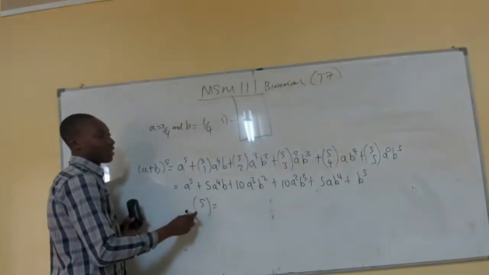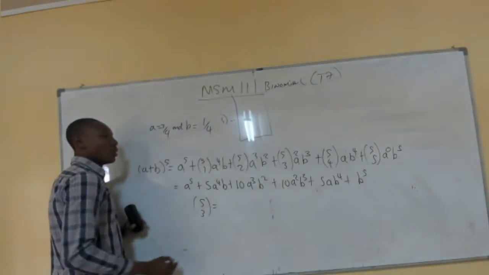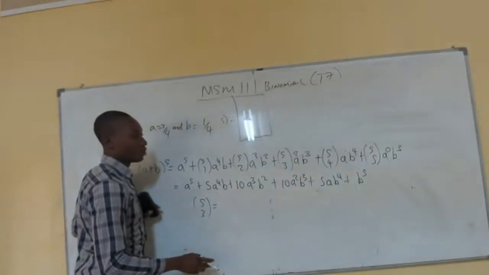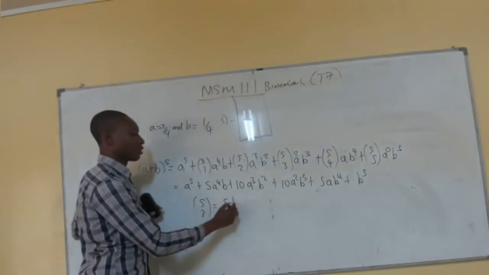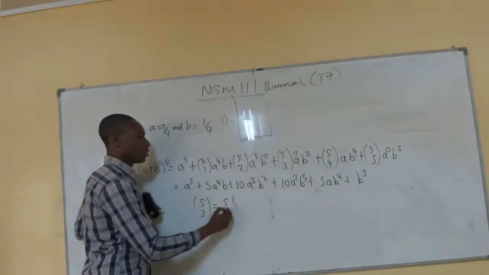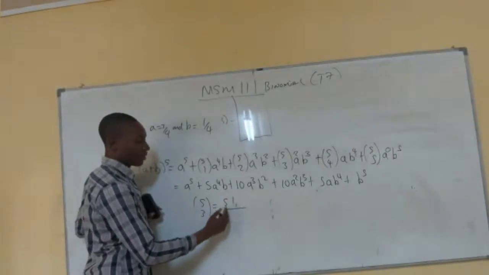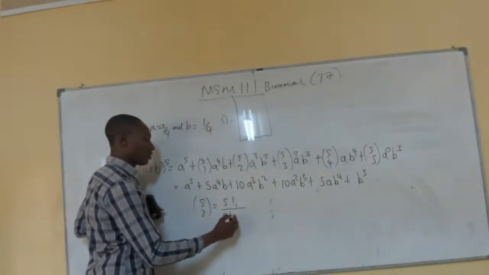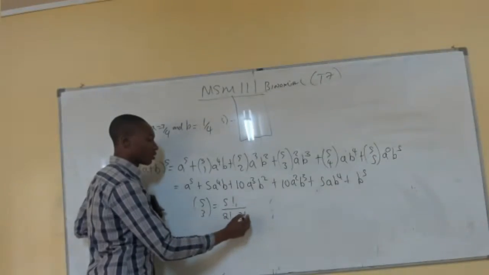Maybe let's consider 5 choose 3. So 5 choose 3 is 5 factorial over (5 minus 3) factorial, which is 2 factorial, then 3 factorial.